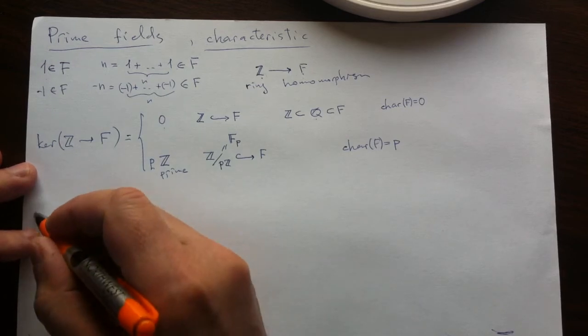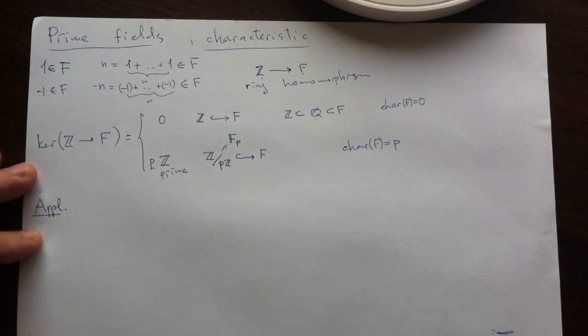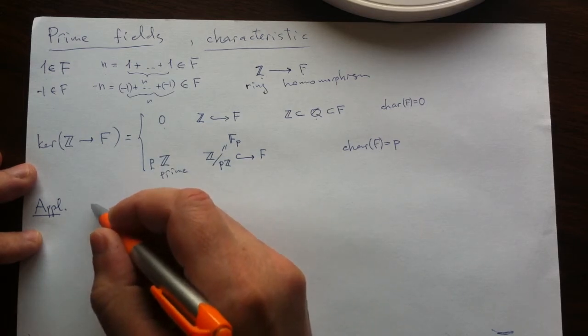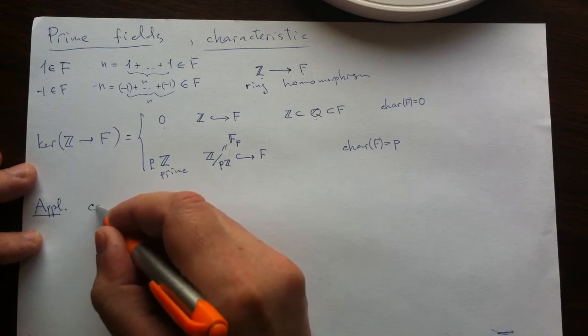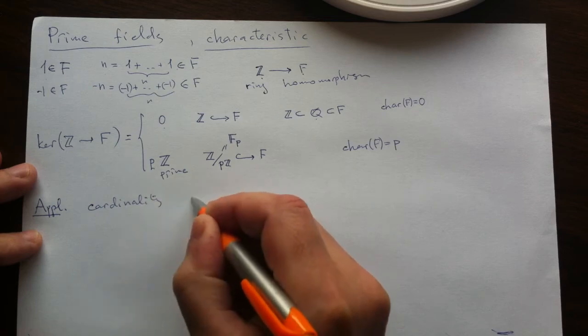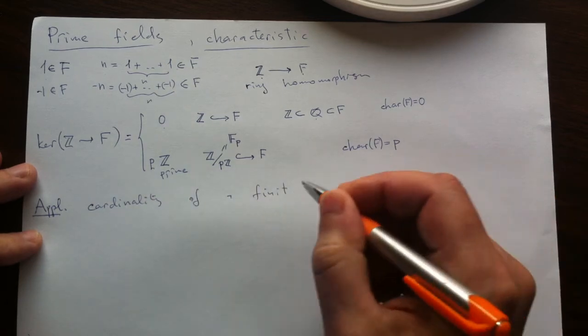As an immediate application, let's look at the following problem. One instance of this problem is the following question: can there be a field of 6 elements? In general, this application will address the question of what are the possible cardinalities of finite fields.